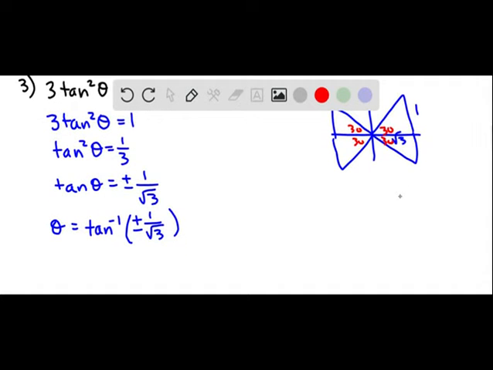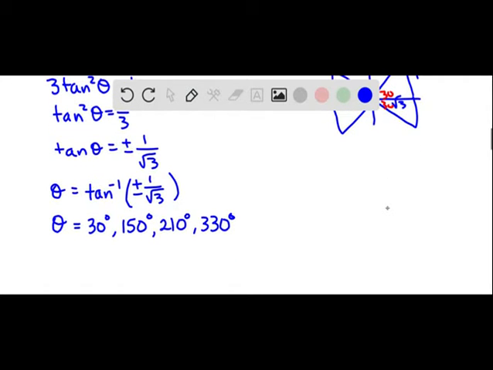Okay, so then in degrees, our answer would be 30 degrees and 150 degrees and 210 degrees and 330 degrees. But in radians, those would be pi over 6, 5 pi over 6, 7 pi over 6, and 11 pi over 6. And so that's part A.